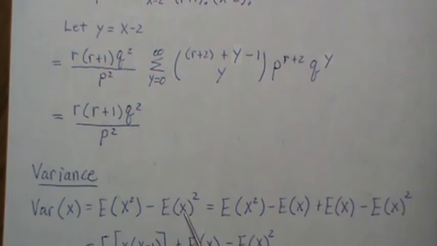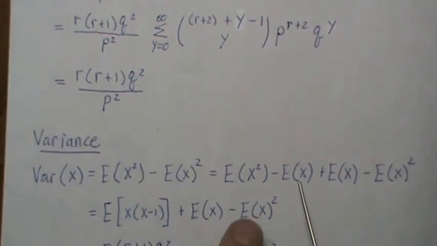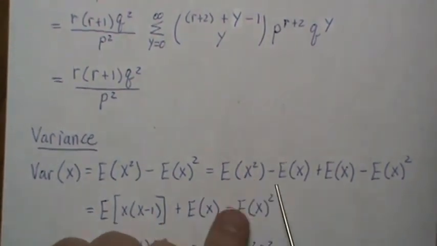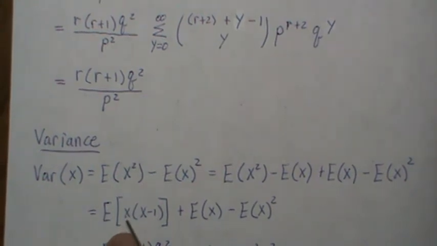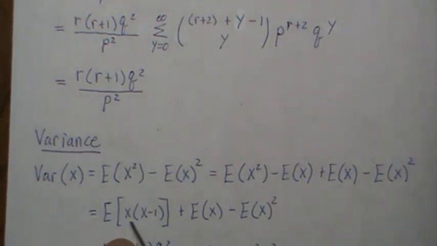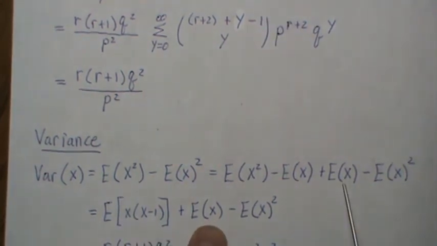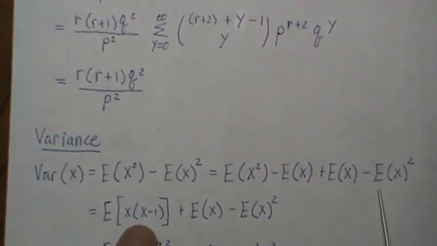But what that does is it lets us group these into this. So this would be X squared minus X, and the mean, it's a linear operator, so we would get this back. And then this is the mean, which we calculated on the first page, but we calculated the second factorial moment up here.